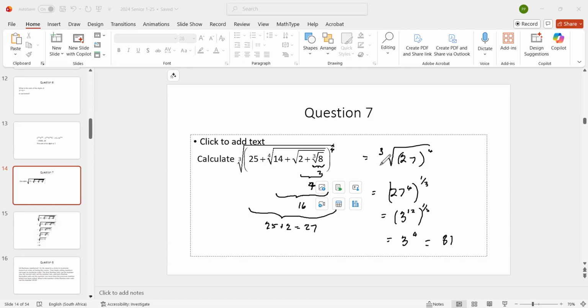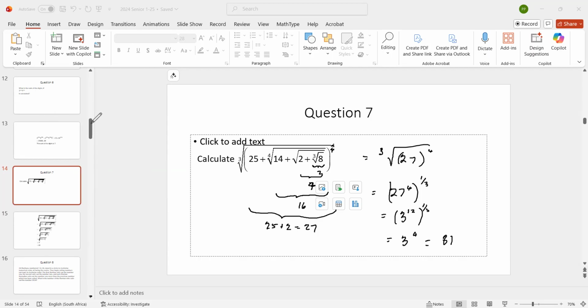You see, all you could have done, yeah. So it turns out that you can take the cube root first and then raise it to the power of 4, as we have seen here. But yeah, according to the way it's written, it's raised to the power of 4, and then you work out the cube root.